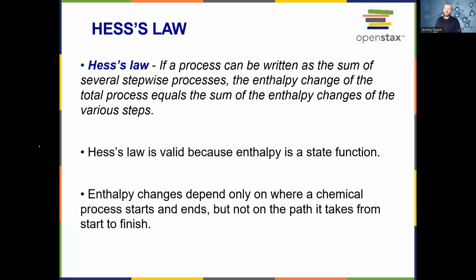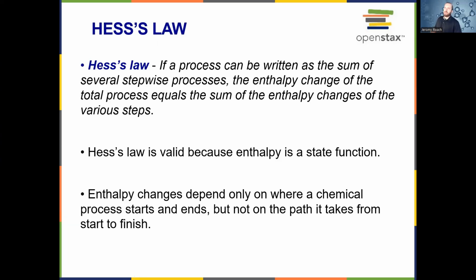Hess's law is also valid because enthalpy is a state function. Enthalpy changes depend only on where a chemical process starts and ends, but not on the path that it takes from start to finish. If you reverse a reaction, you reverse the sign of the change in enthalpy.